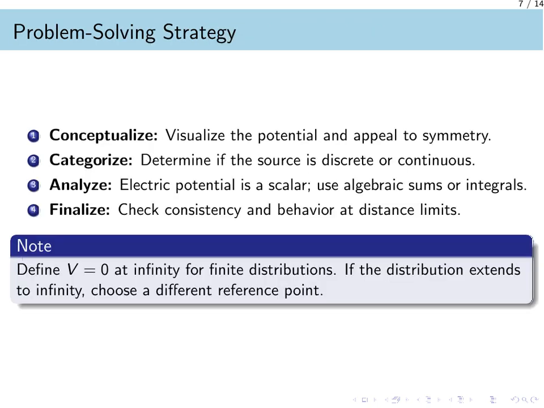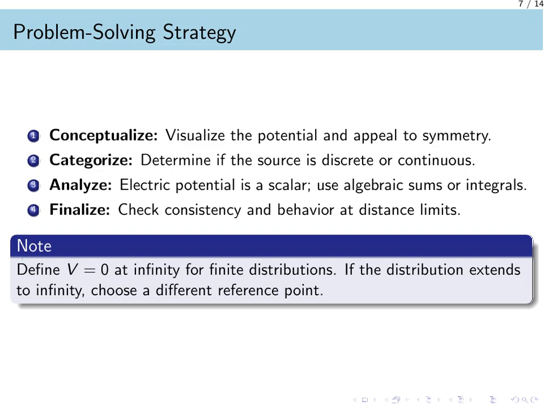When solving problems with continuous charge distributions, follow this strategy. First, conceptualize the problem by visualizing the potential and checking for any spatial symmetries. Next, categorize the source as either discrete individual charges or a continuous distribution, which tells you whether to use a sum or an integral. Then, analyze the problem.